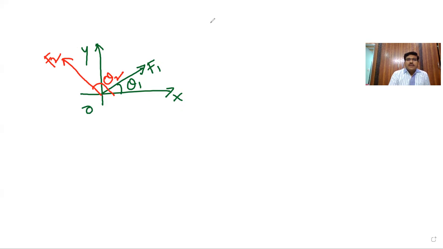Let us say there is another force like this, F3, θ3. All the angles are with respect to the x-axis only. F1 with respect to x-axis, θ1 angle. F2 with respect to x-axis, θ2 angle. F3 with respect to x-axis, θ3 angle.